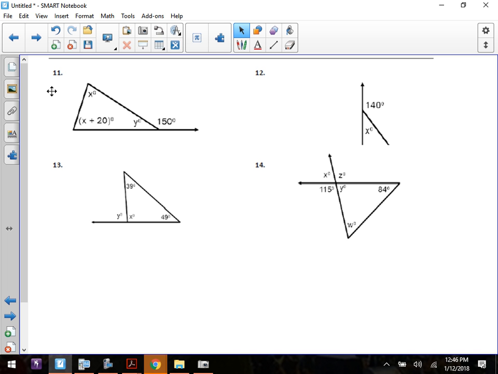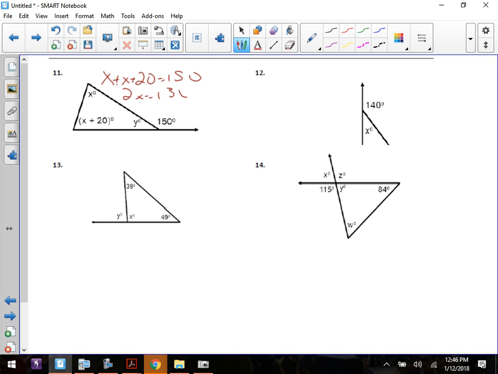So that means that x plus 20 has to equal 150. It gives you 2x is 130, it's 65, and y is 30. Okay, really, really easy stuff.